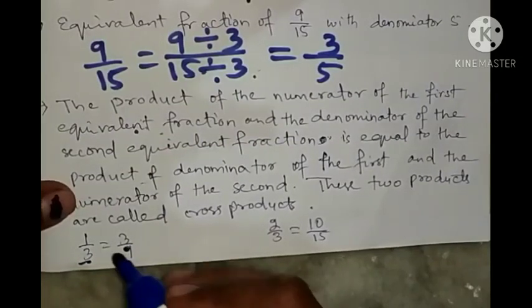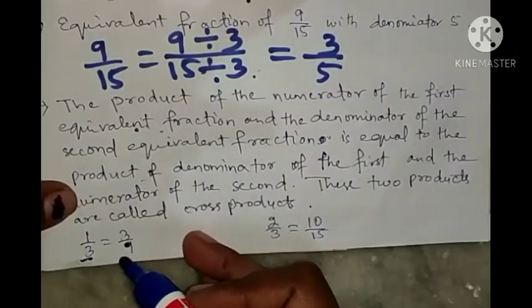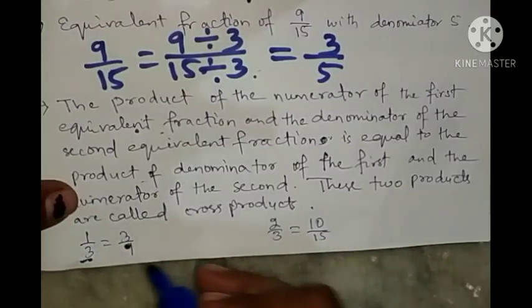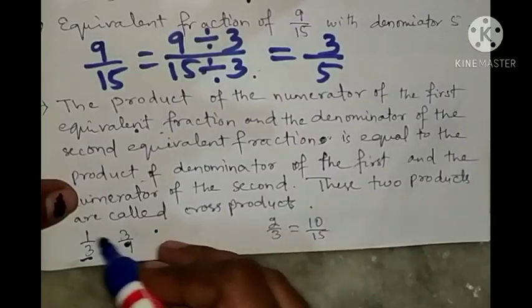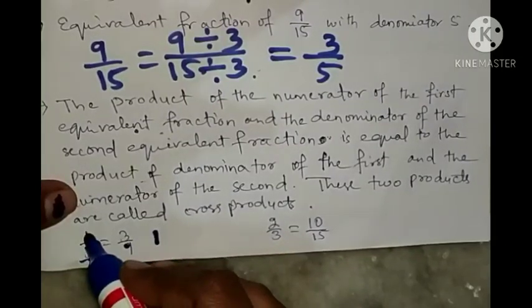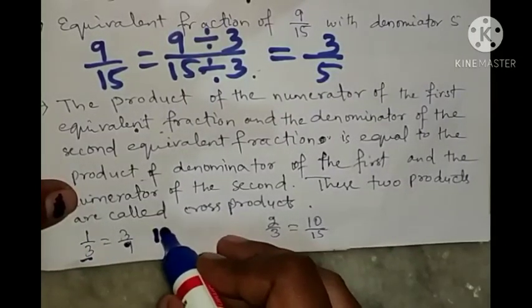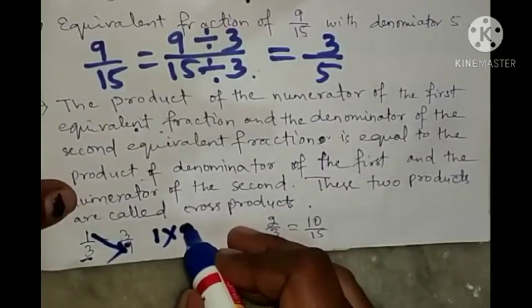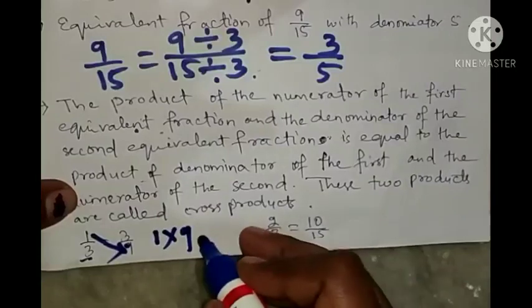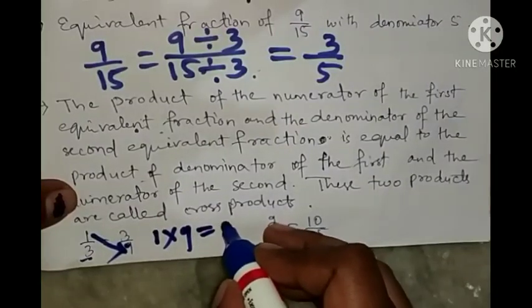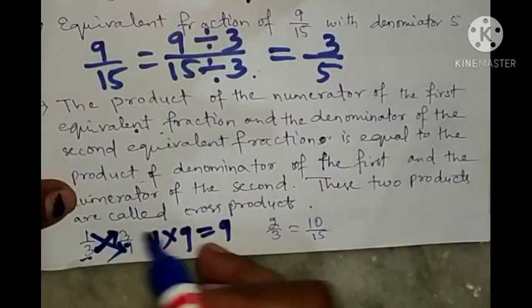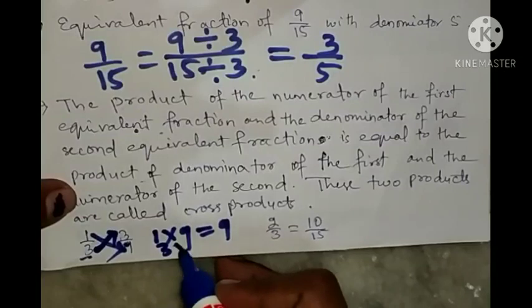So what you are saying, if you multiply the numerator of the first fraction, which is 1, and the denominator of the second fraction, you will multiply like this, 1 into 9 equals how much? 9. Then multiply the denominator of the first fraction by the numerator of the second fraction. So 3 into 3.